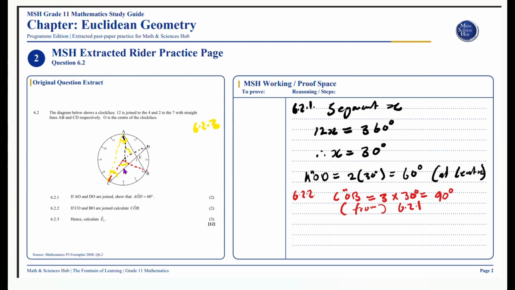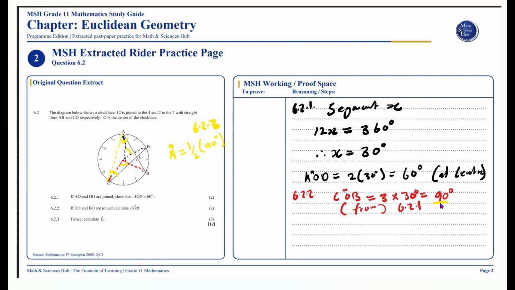But we need to use the angles at the center to determine the angles at the circumference, because this angle C here is actually half of this center angle, and this center is related to that one. So angle A is going to equal half of 90 degrees. Remember, this angle equals 90 degrees.